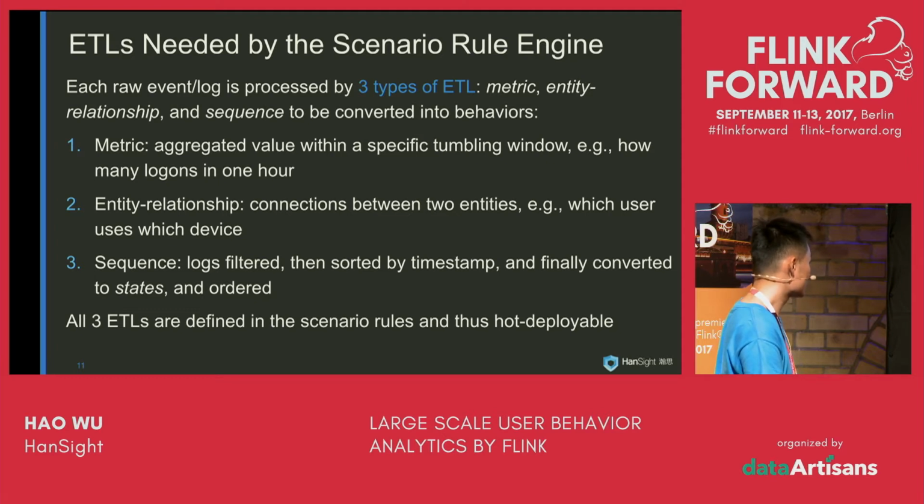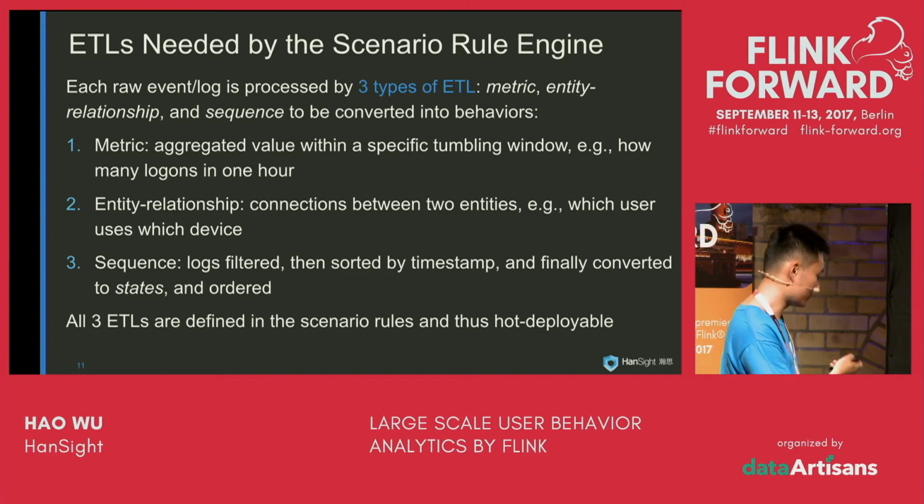And for sequence, you filter all those logs and then sort them by timestamp, and then you finally convert the states, so everything is ordered. So all three ETLs are defining the scenario rule engines. As I mentioned, the Jules engine is hot deployable, so all those things can be hot deployed to the system without any downtime.